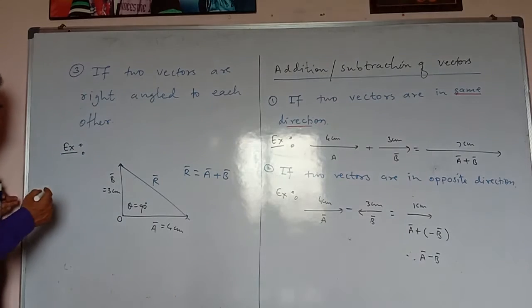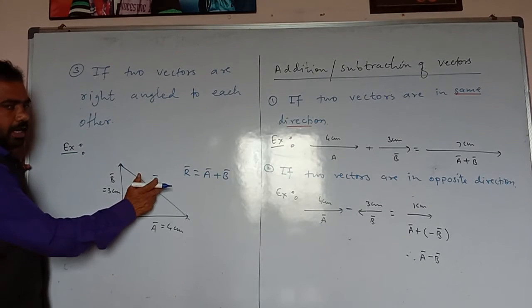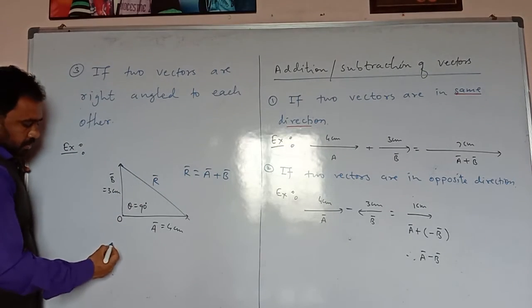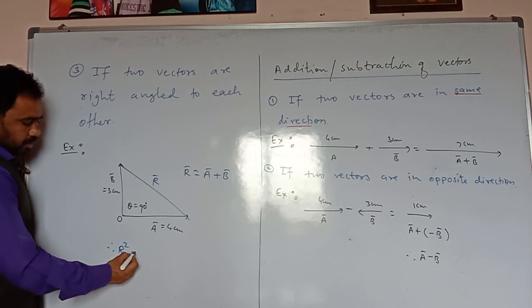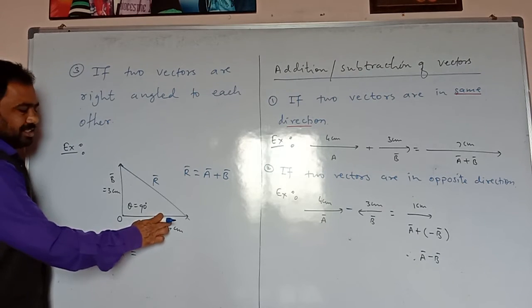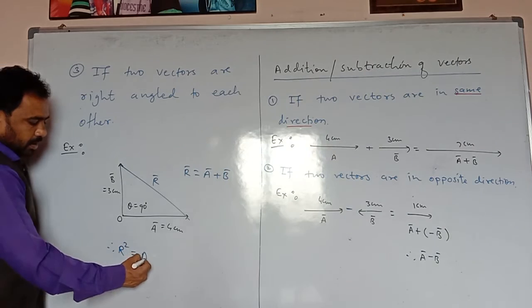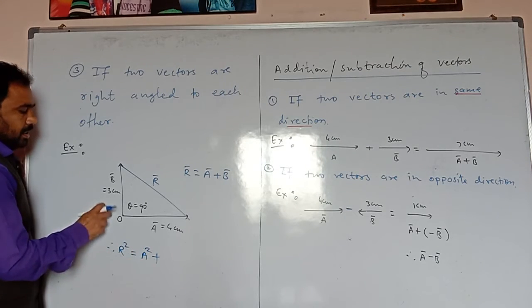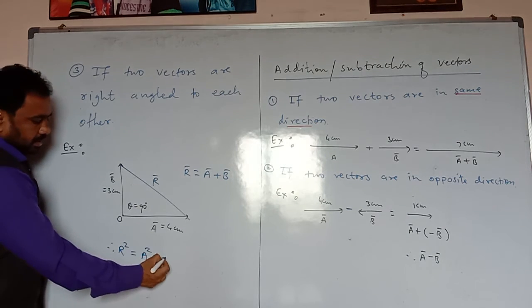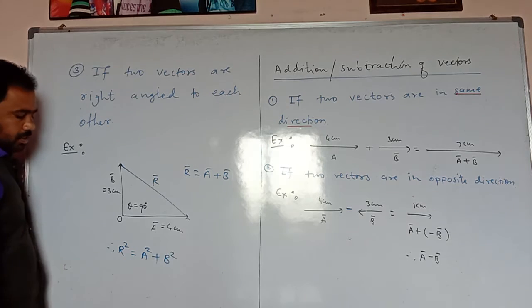How can we apply the Pythagoras theorem here? Hypotenuse squared. Here the hypotenuse is R, so we write R square is equal to base square, that is A square, plus height square, that is B square.